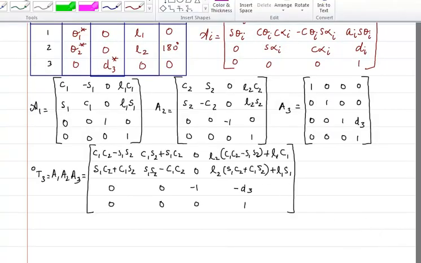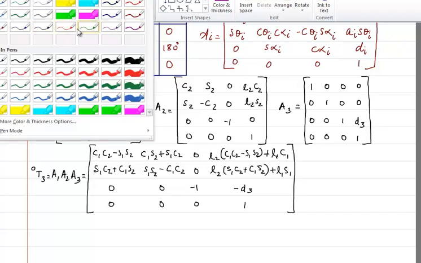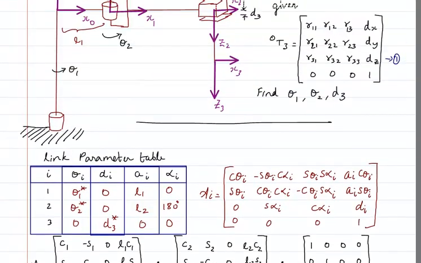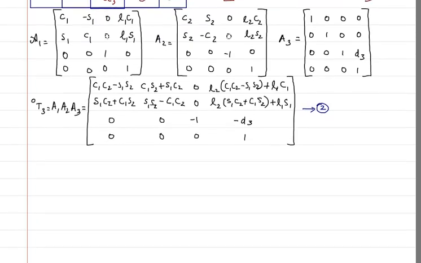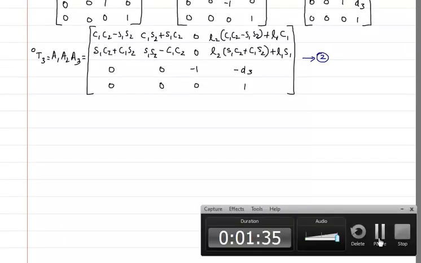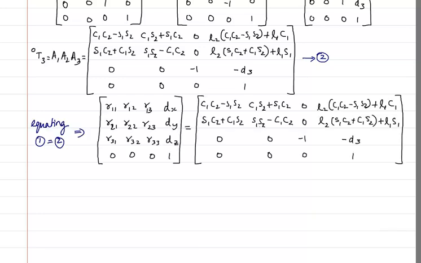This one we will name as equation number 2, and as we have done in previous cases, we will equate equation number 1 and 2 together, and we will get this, wherein I can make this change: the first element, C1 C2 minus S1 S2.